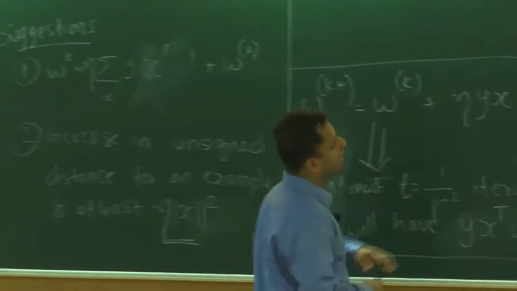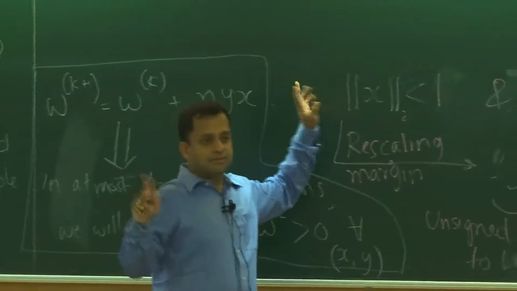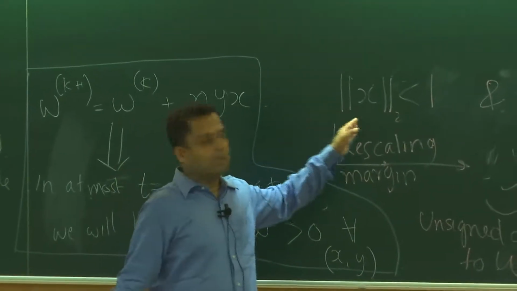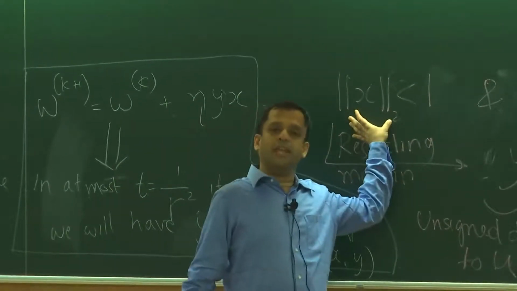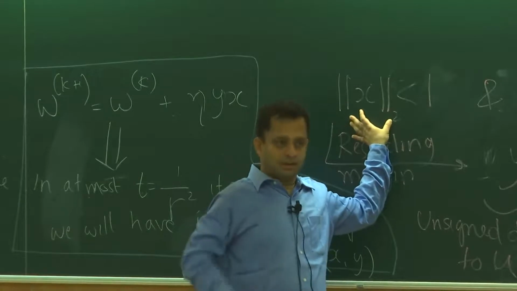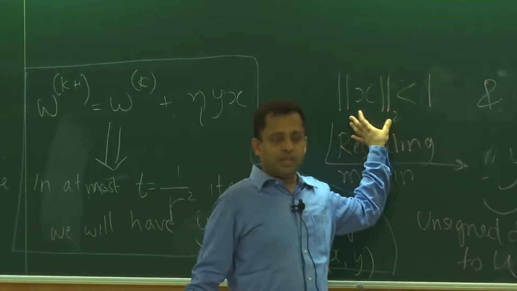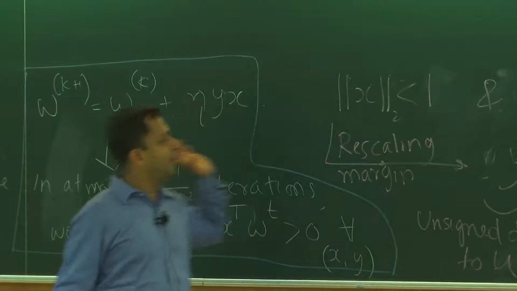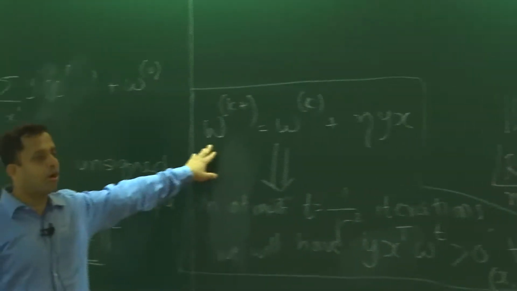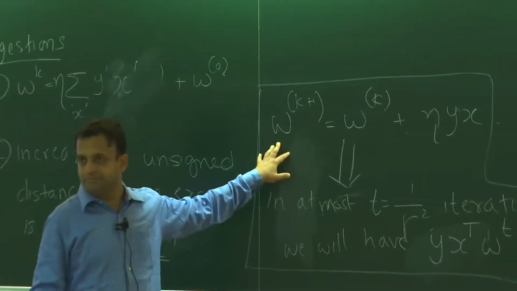Earlier I had said that norm x square was of interest to us, but we already compressed the x to lie within a sphere of radius 1. So in some sense we now put the onus on w, the norm of w.